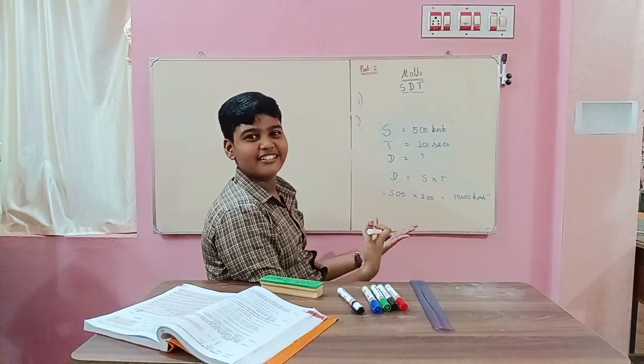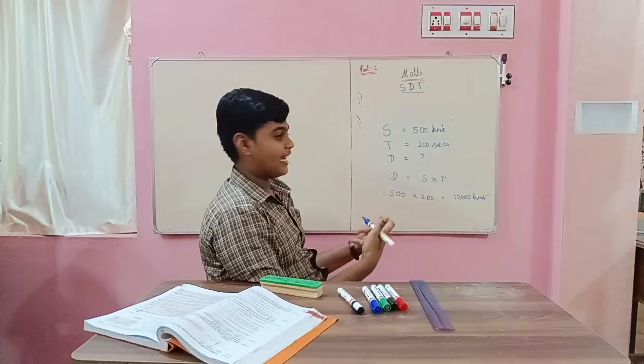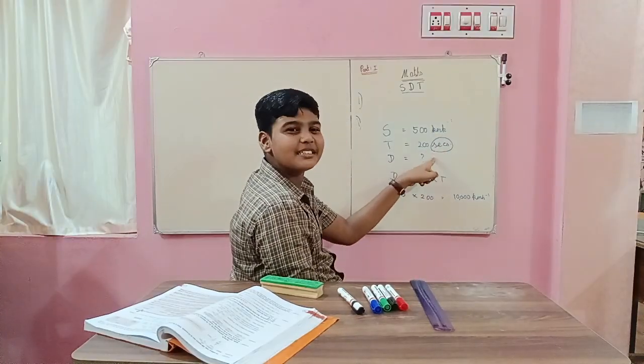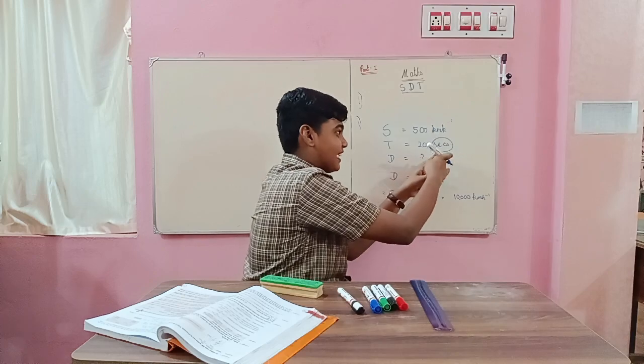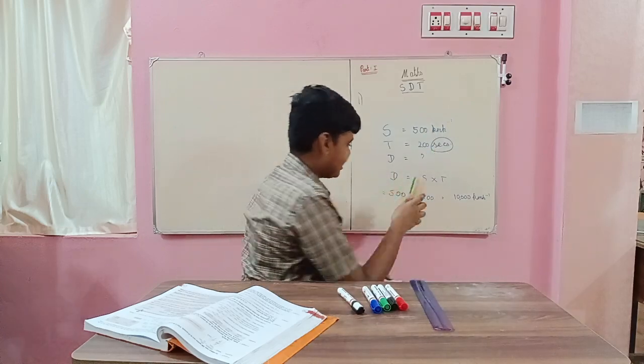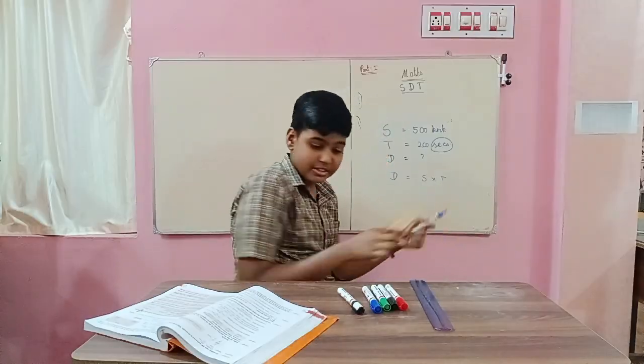Find the mistake. Okay, please find it. It is seconds. You should convert the seconds into hours and then you need to solve it. Somebody may do it wrong, but you should not make the same mistake.